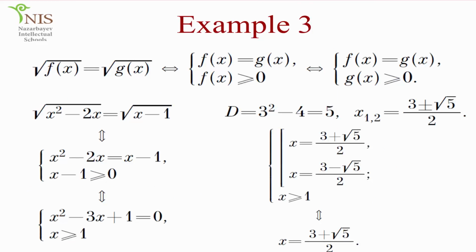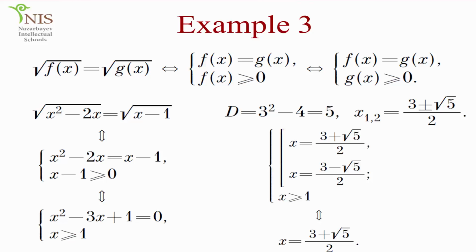Now let's solve a different example. Here we have two radicals. First one is the square root of x squared minus 2x, and the second one is square root of x minus 1. So what we do here, we are taking the squares of both sides, and then we write that x minus 1 is bigger or equal to 0, because under this square root we cannot have a negative number.